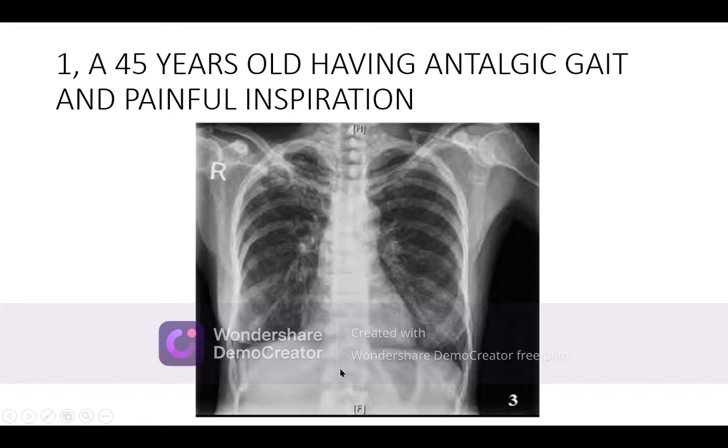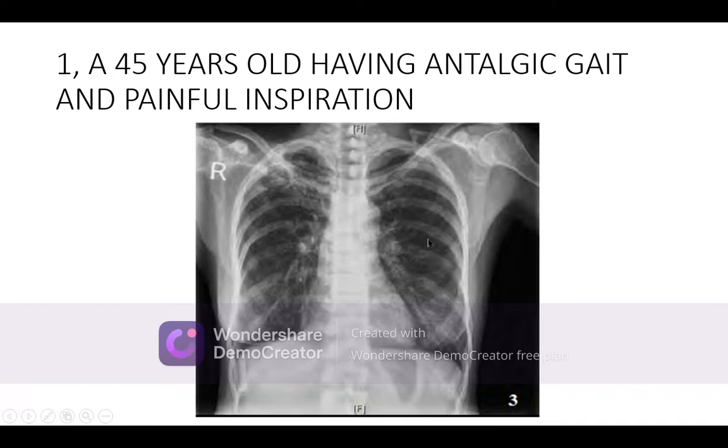Although all the bones are not shown here, in those which are shown, the clear-cut Looser zones are seen if you see the X-ray properly. It means that there are some bony lesions, in which demineralization is actually the cause of the bony problem.